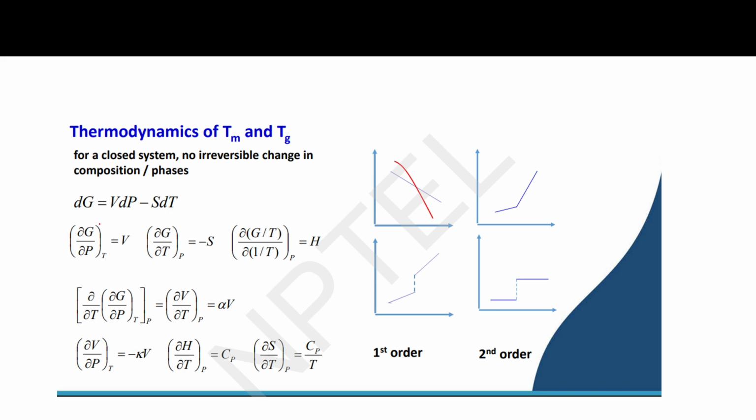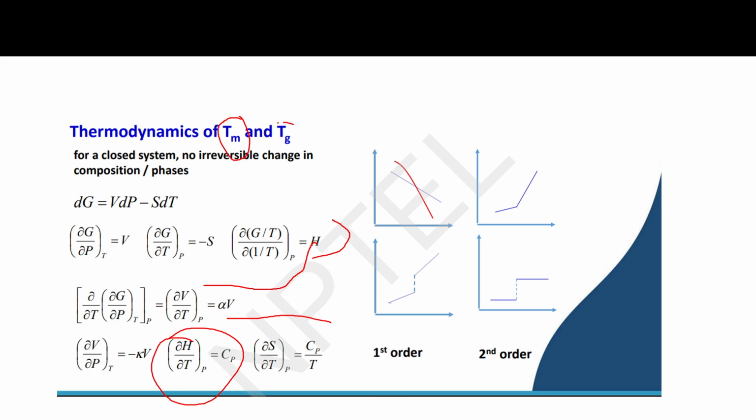Now this is the equation of thermodynamics. From here we get that when it follows first order behavior, like for the melting temperature, it follows the first derivative of Gibbs free energy, and when it comes to the Tg, it is for the Tg. This is also called the coefficient of thermal expansion.